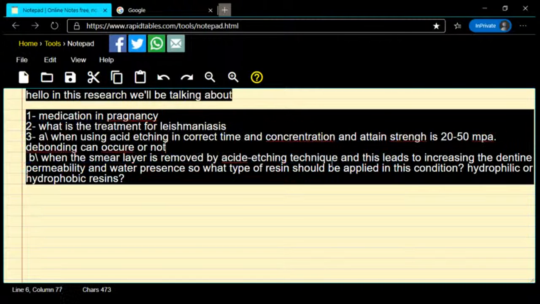These questions are very important questions. We'll take the first research question. It's talking about medication in pregnancy.